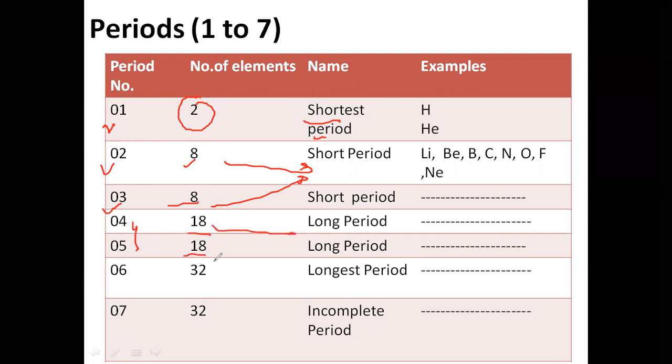That's why we call them long periods. And period number 6 is the longest period as it contains 32 elements. And the last, the 7th period, is called an incomplete period. Here, there is no need to remember as such. According to your syllabus, at least you should know period number 1, 2, and 3. So you should know the elements belonging to periods 1, 2, 3.